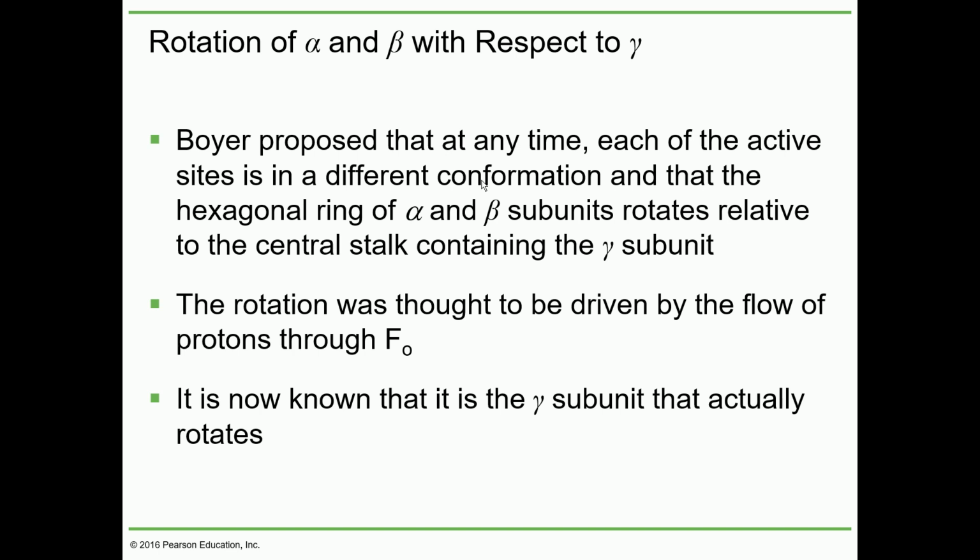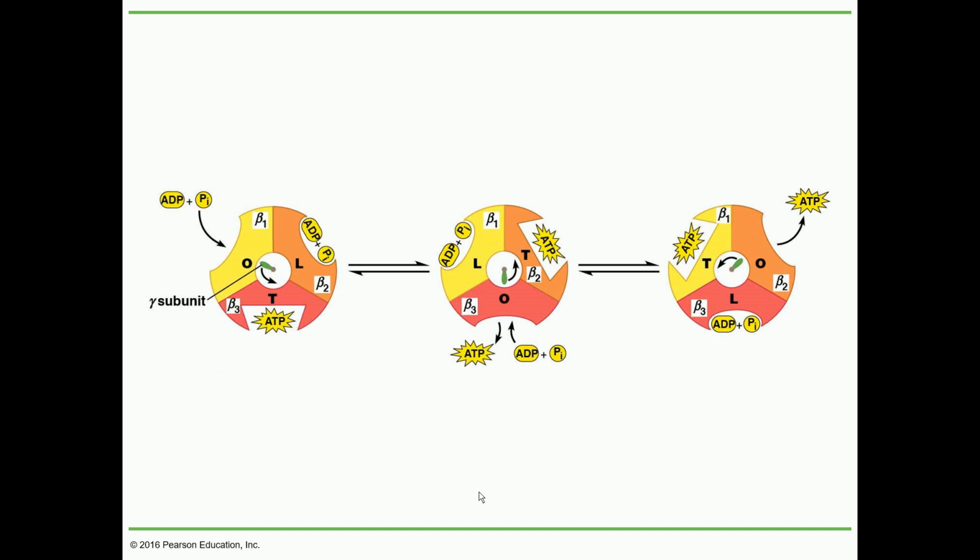The rotation of the catalytic knob, which contains alpha and beta subunits, is because of the movement of the gamma subunit, and the gamma subunit is moving because of the movement of the C subunit, which is because of the flow of protons through FO, the C subunit of the FO.